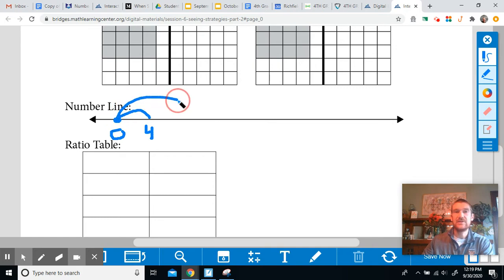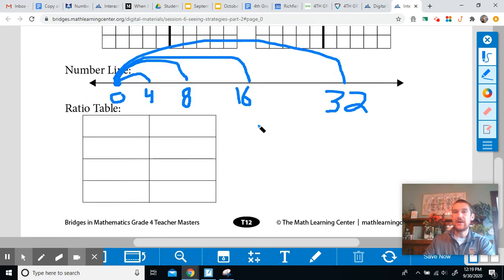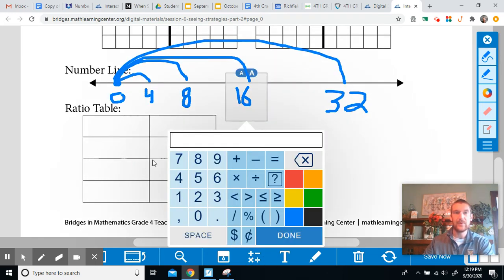And then let's double that to get to 8. Now let's double the 8 to get to 16, and then double it once more to get to 32, okay? Instead of counting by 4s, 4, 8, 12, 16, 20, 24, 28, 32, we use the double, double, double method.